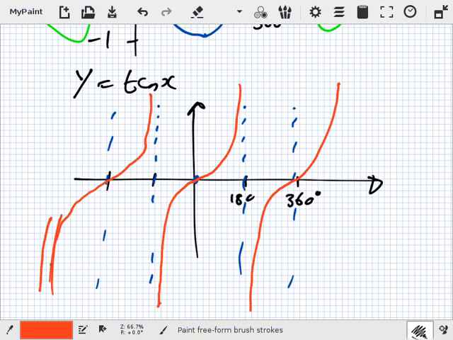So it has these spikes, and the 0 is every 180. Oh, sorry, I misspoke. The 0 is every 360.